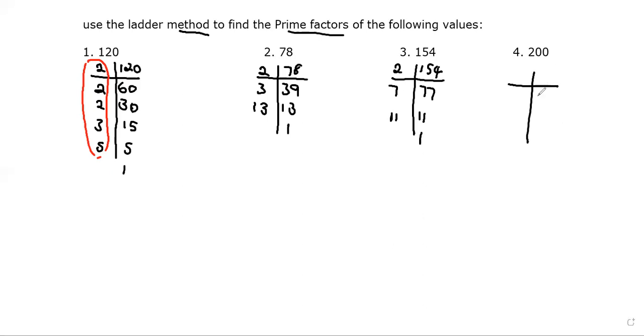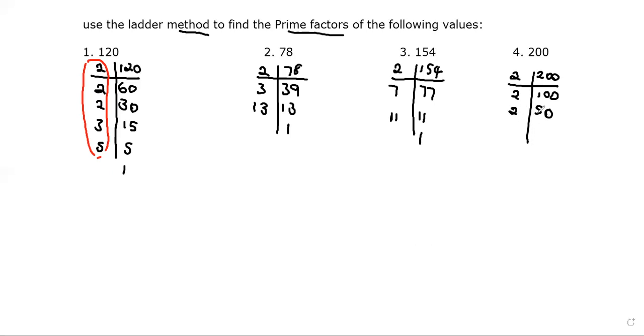Then now we have 200. Write 200 this side, then we write the prime numbers that we're going to divide it with. You start with 2. 200 divided by 2, you get 100. And 100 can be divided by 2. 100 divided by 2, you get 50. Is 50 divisible by 2? Yes, it is.